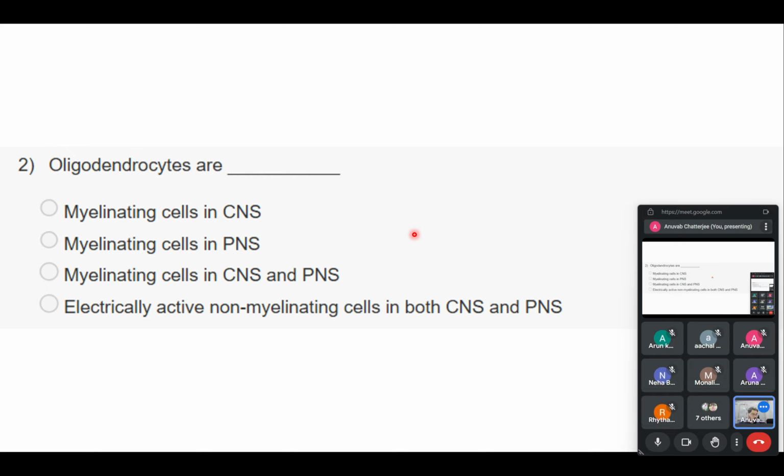Anyone else? Okay. Sibani also says it is A, myelinating cells in the CNS.